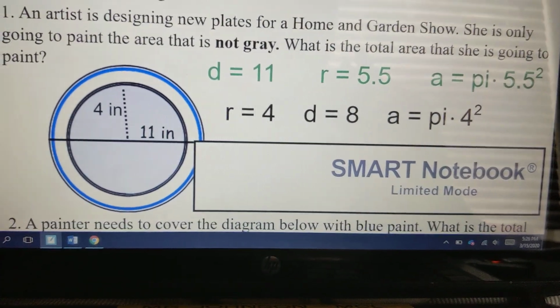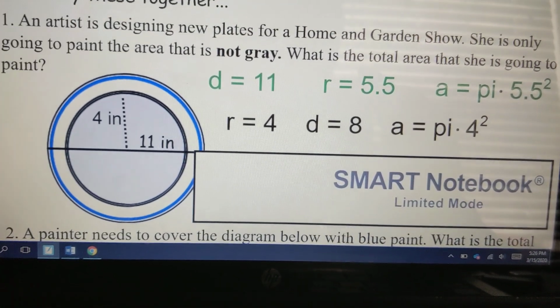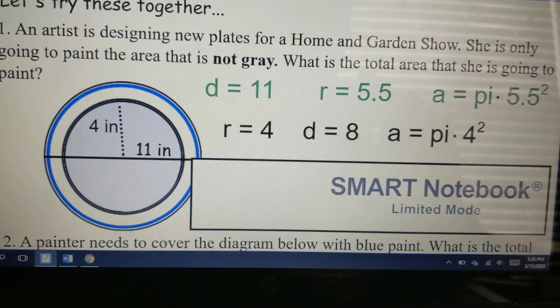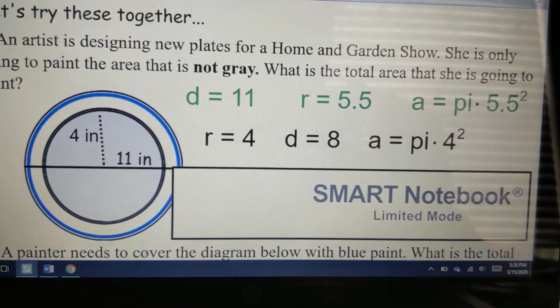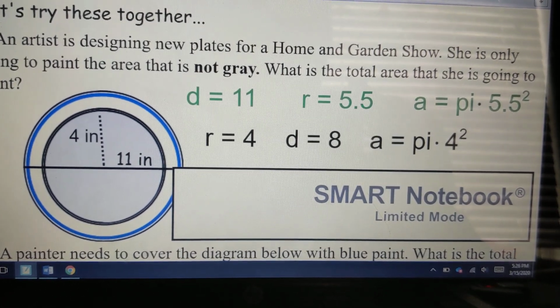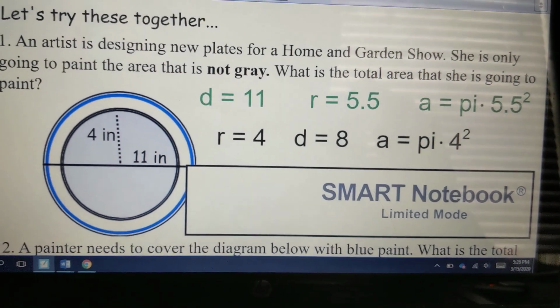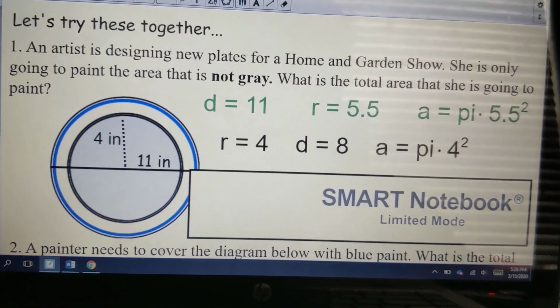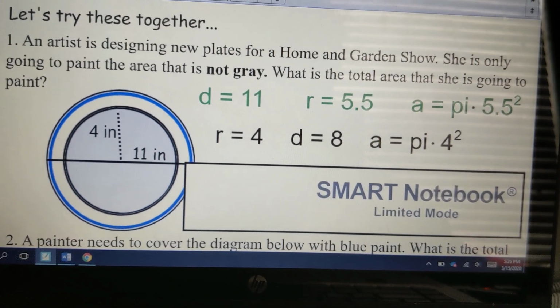The information in green represents the large outside plate, a diameter of 11, a radius of 5.5. And then I wrote the area formula because we're talking about area. For the small inside circle, I wrote the radius is 4, which means the diameter is 8, and I wrote that formula. So what we can do then is calculate the area of both the larger circle and the smaller circle.